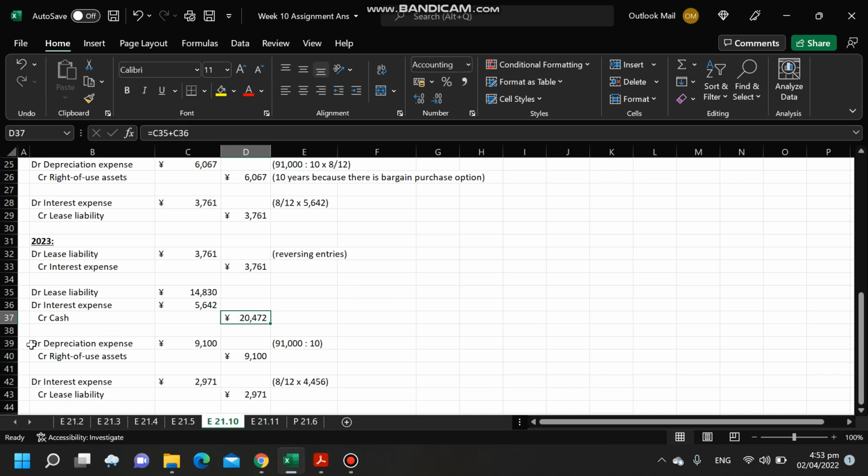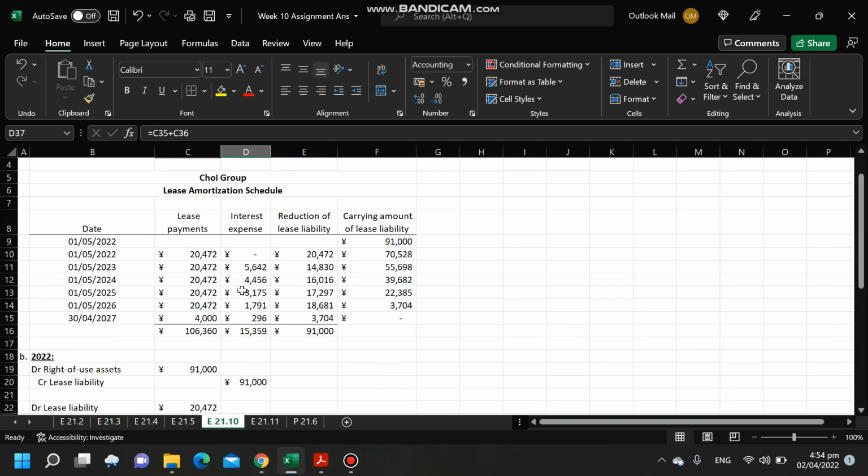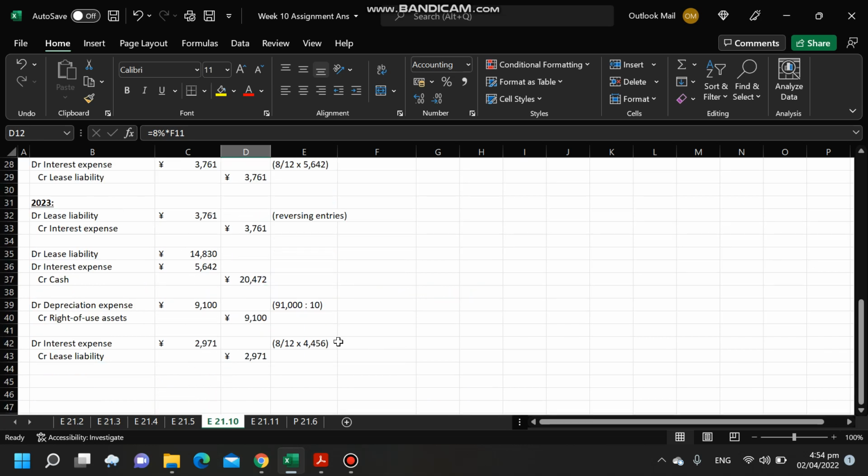And then just record the depreciation expense at the full amount because it is 1 year already, from January to December. And then the interest expense is still the same, it is still 8 over 12 of the next year's interest expense. So debit interest expense, credit lease liability 2,970.